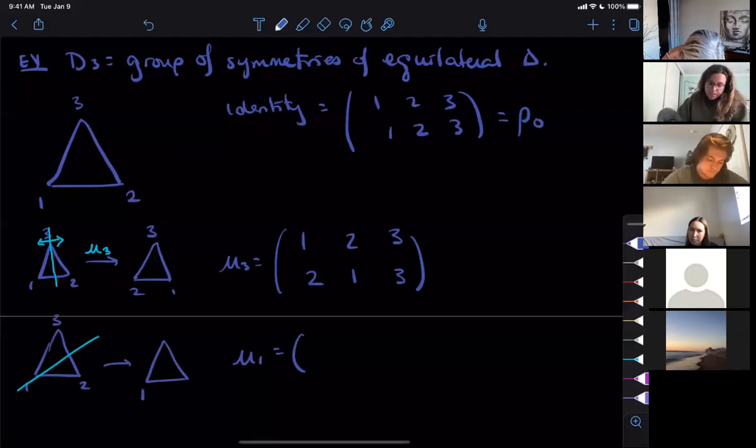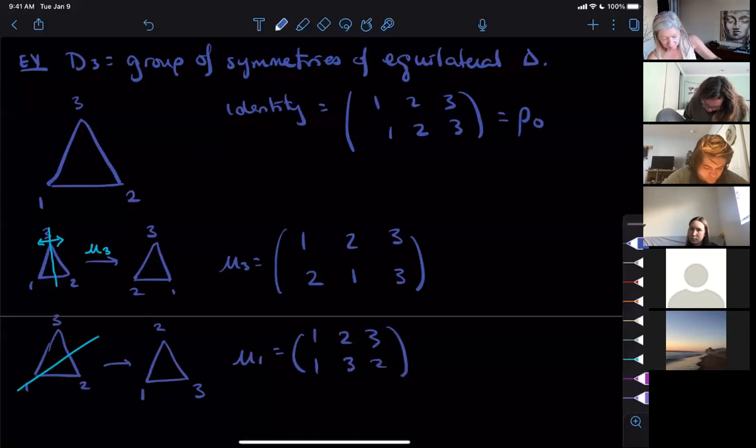So 1 stays where it is and 2 and 3 get swapped. And so what does that look like? Well, 1 goes to 1, 2 goes to 3, and 3 goes to 2. And that's mu1. What do you think the rho stands for? Rho's an R.